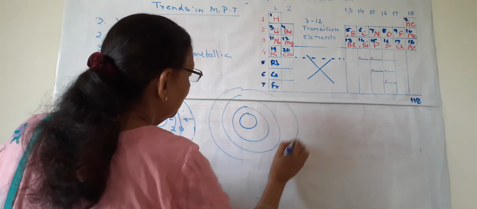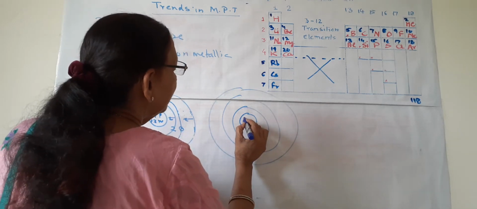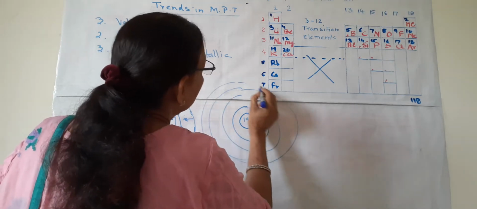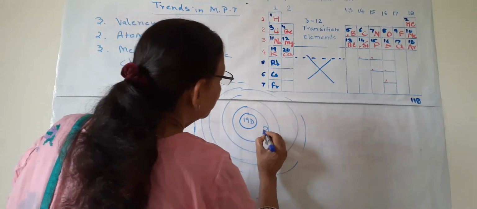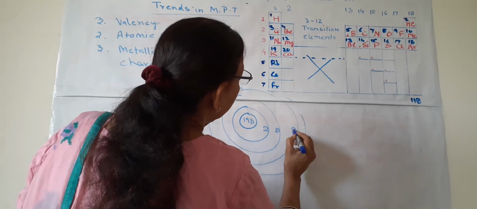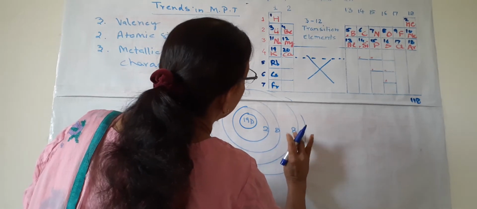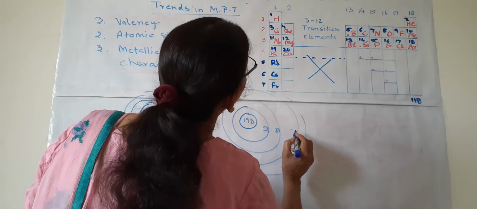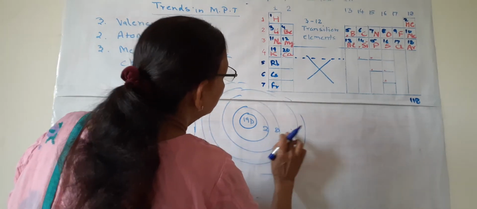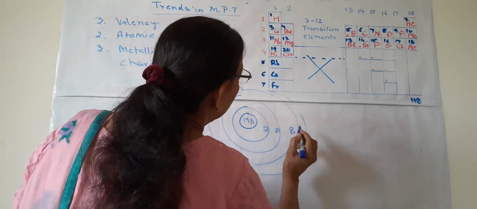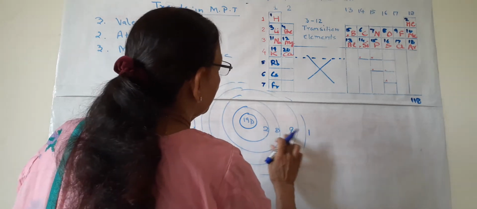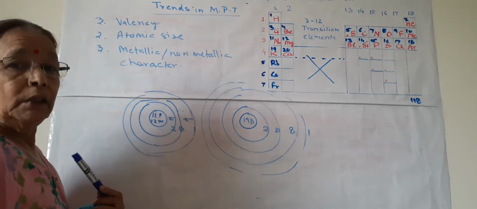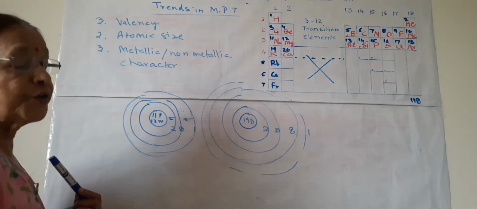It has 19 protons and 4 shells, having 2, 8, 8, 1. How many shells? 4. 1, 2, 3, 4, with 2, 8, 8, 1. So this is the configuration of potassium.